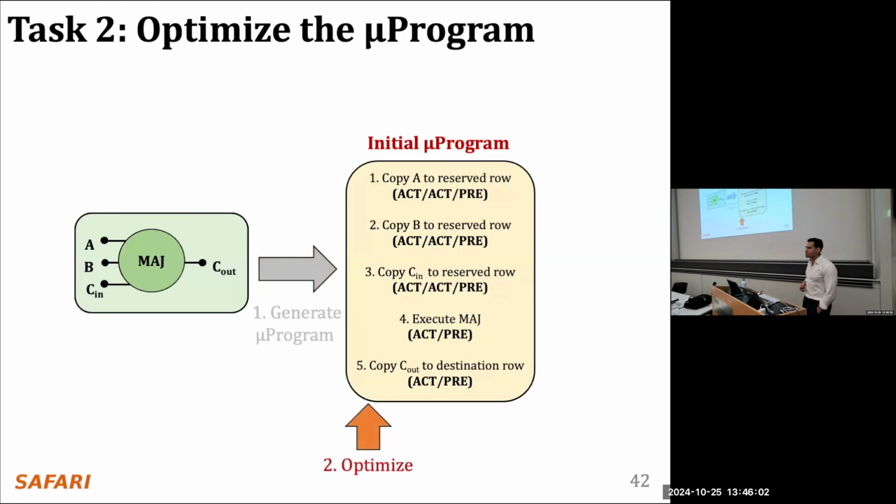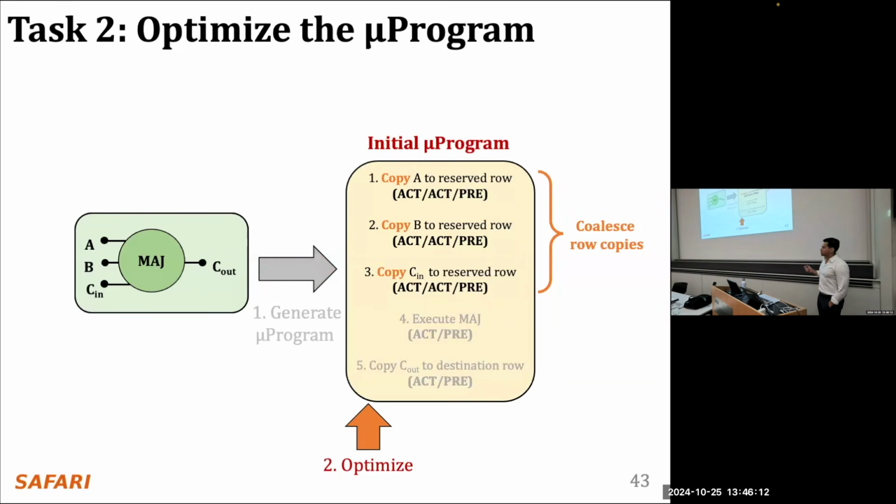But we can further optimize those by following some of the properties of that special row decoder that Ambit uses, so that we can further reduce the number of in-DRAM operations that you need to follow.